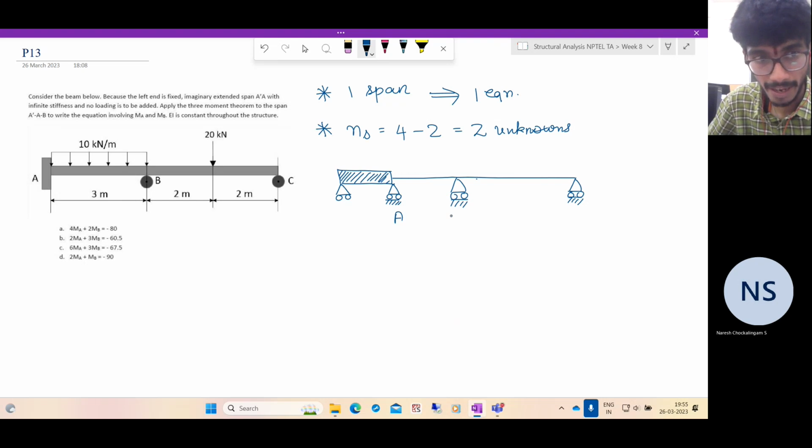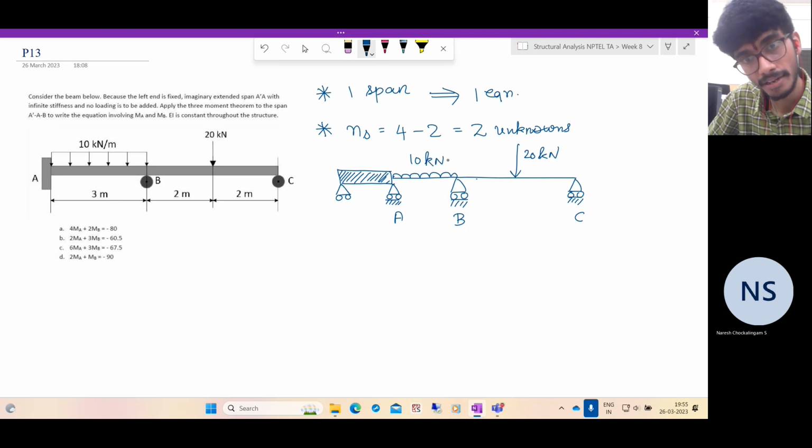So this is the point A. This is the support B. This is the point C. So here you have the point load 20 kilonewtons. Here you have the distributed loading of 10 kilonewtons per meter.